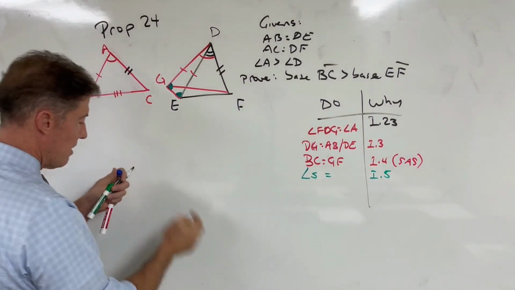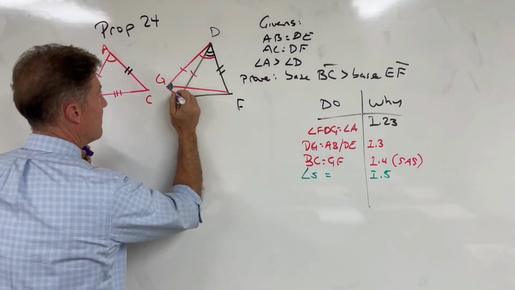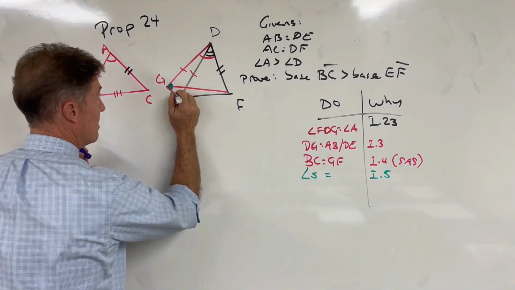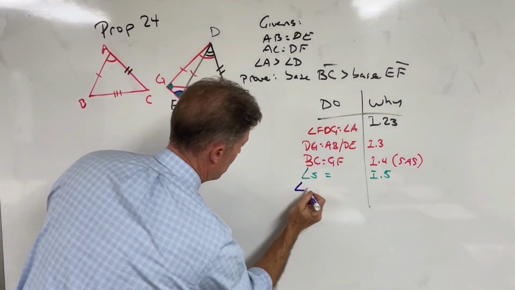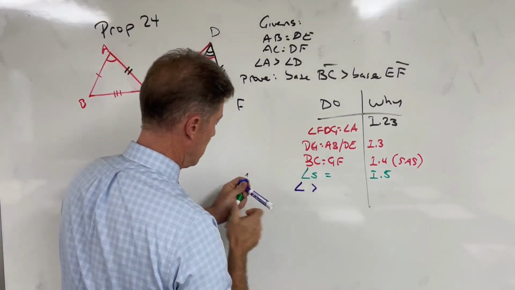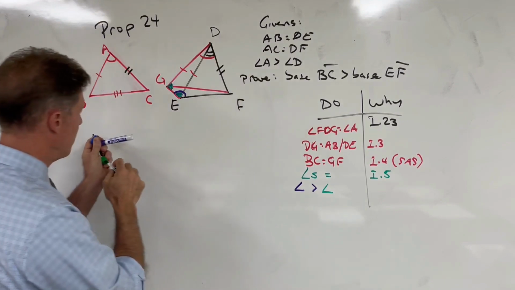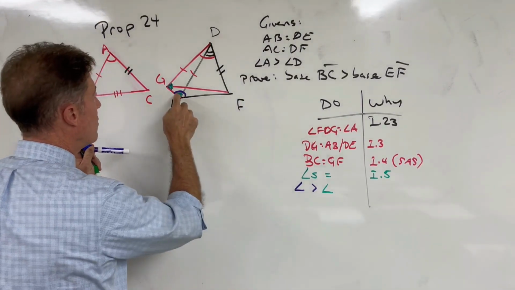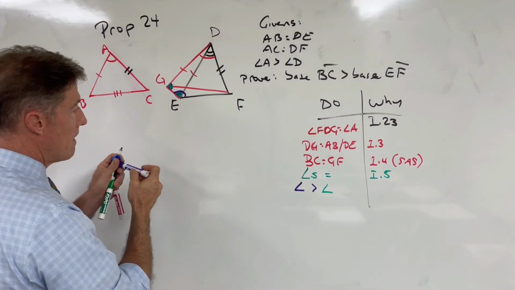From this, it's clear that the angle here, GEF, which contains this green angle, in purple, this purple angle is obviously greater than the green angle because the whole is greater than the part, which means it's also greater than this other green angle. So it's greater than either of the two green angles.